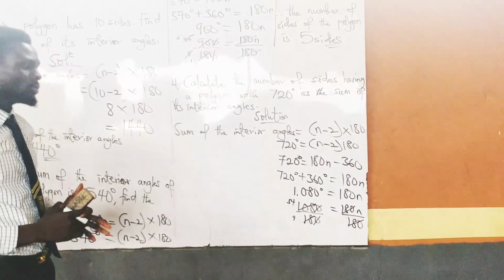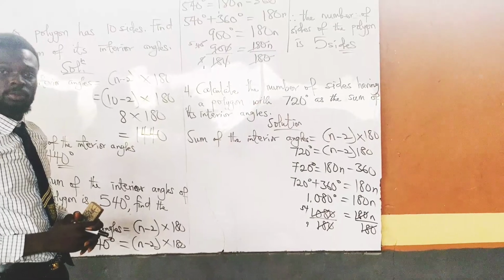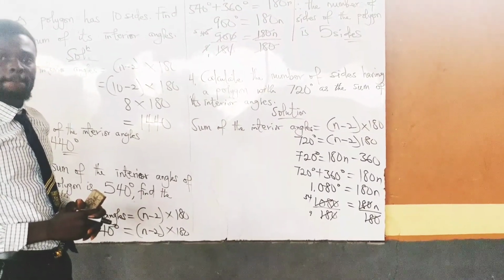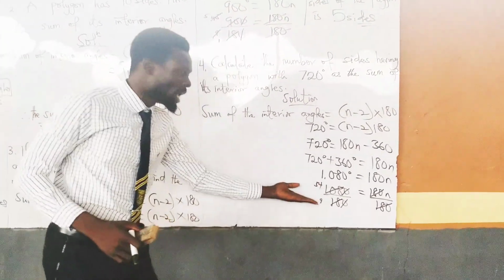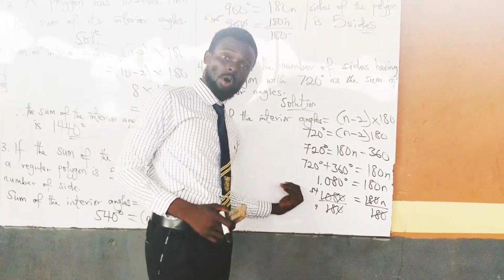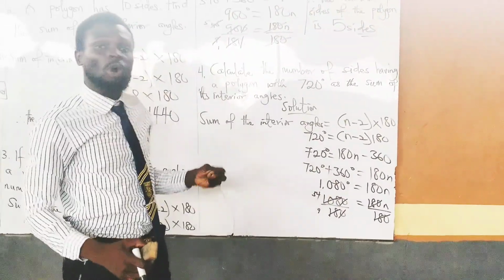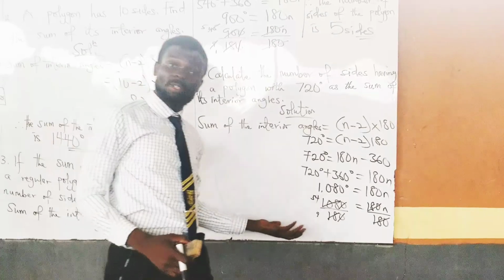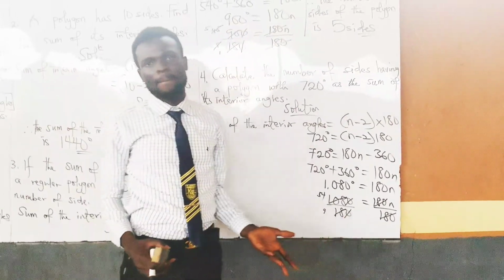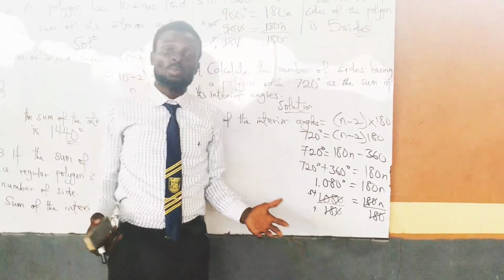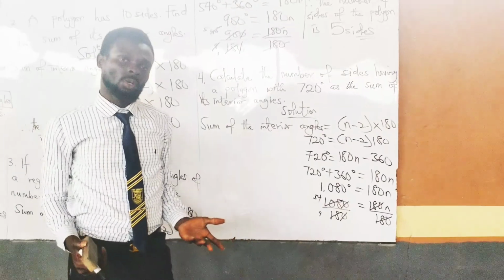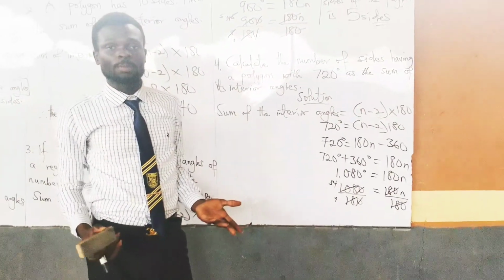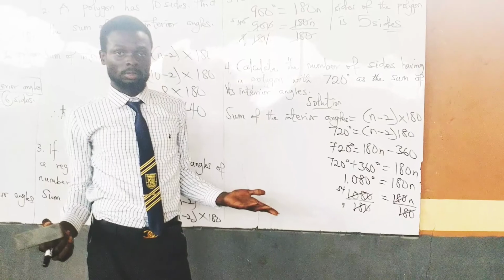Again, what can we use to cancel? 3 can go into 9 and go into 54. 9, 3 can go into itself and go into 54. So how many times will 3 go into 54? 3 will go into 54 12 times.